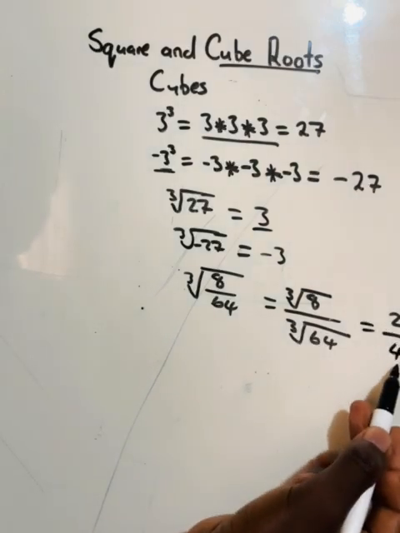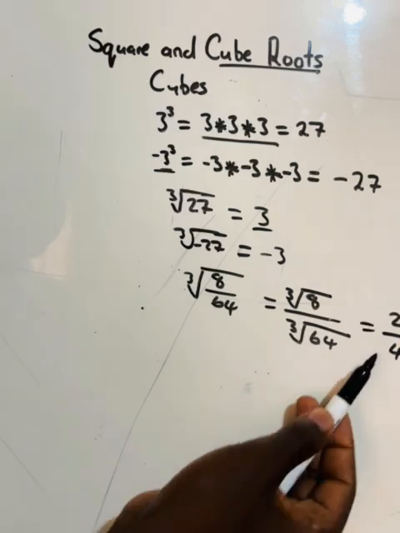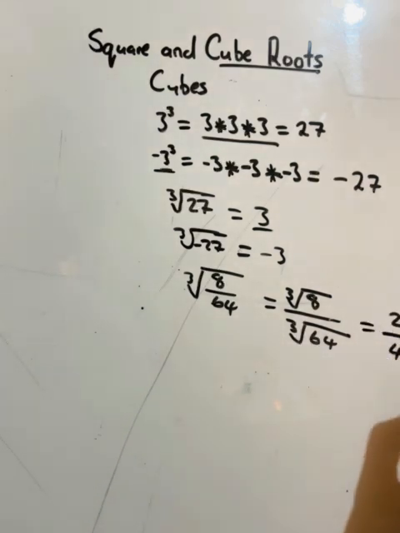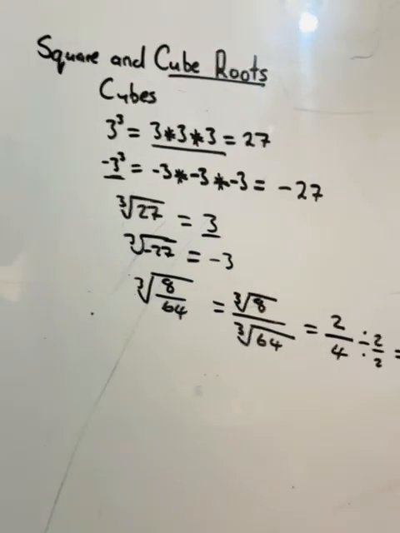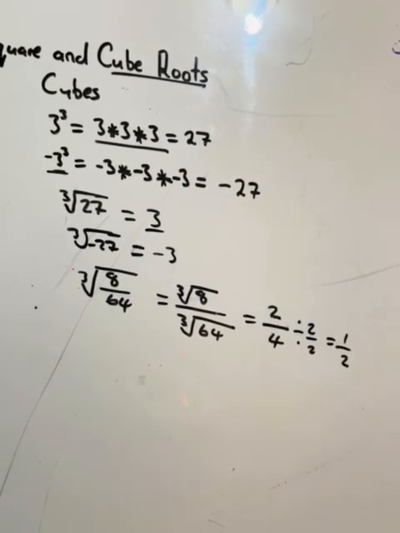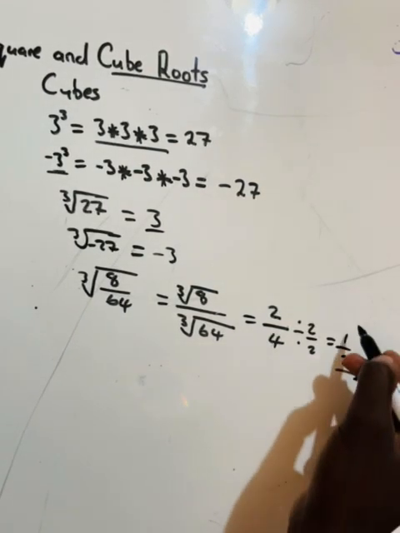So we've got 2 over 4, and we can simplify this by dividing by a common factor of 2. 2 divided by 2 is equal to 1, over 4 divided by 2, which is equal to 2. So our final answer in simplified form would be 1 over 2.